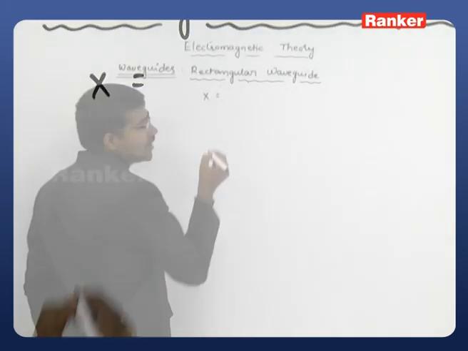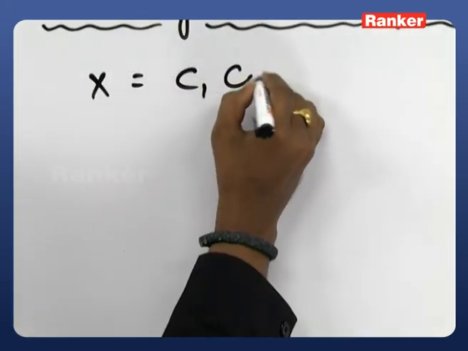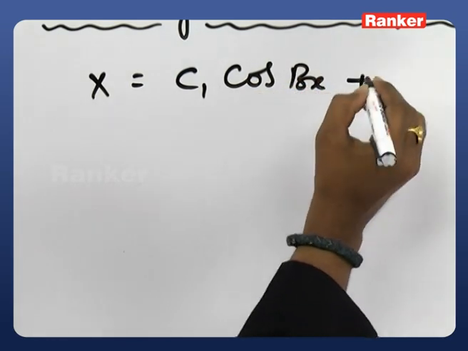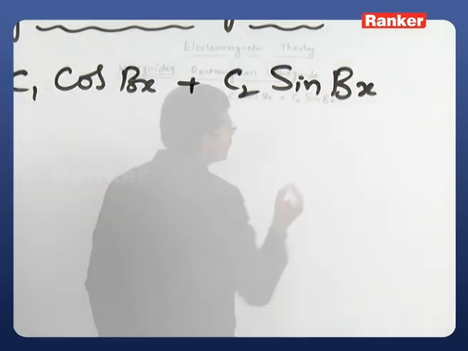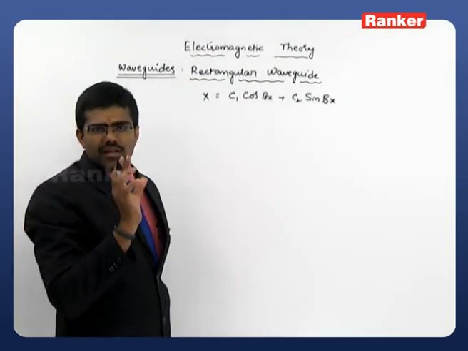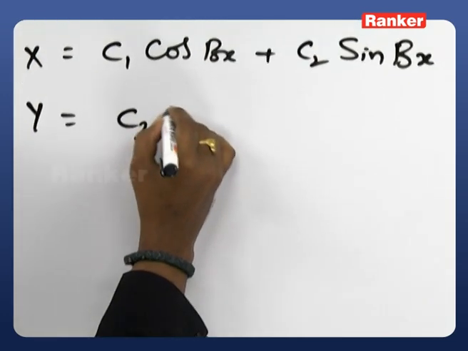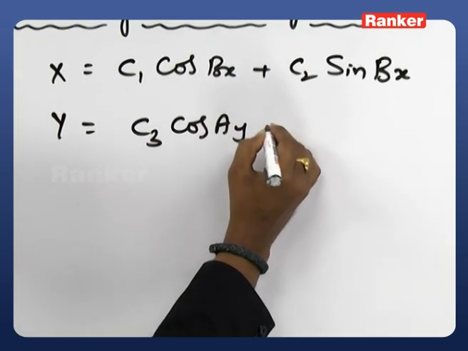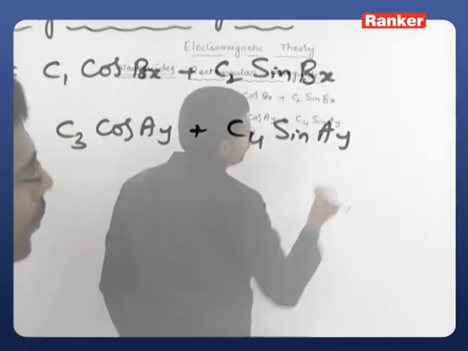X equals c1 cos bx plus c2 sin bx. So this is the equation for X. And similarly the equation for Y: Y equals c3 cos ay plus c4 sin ay.